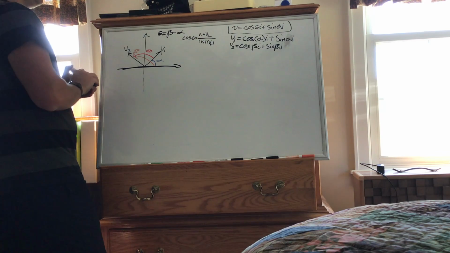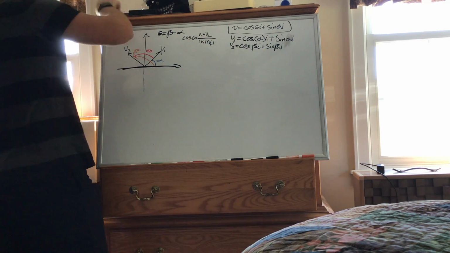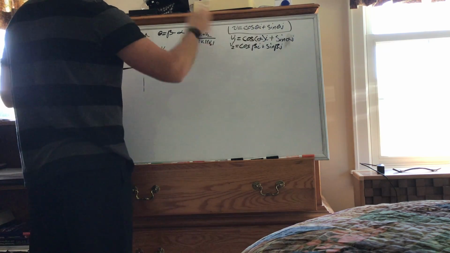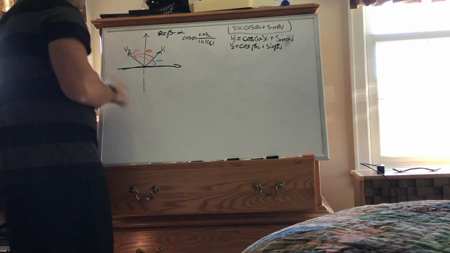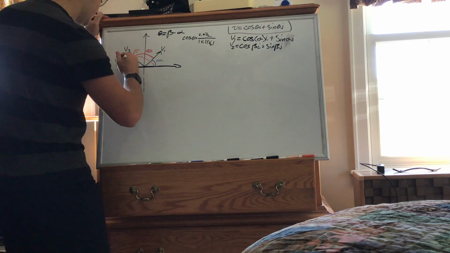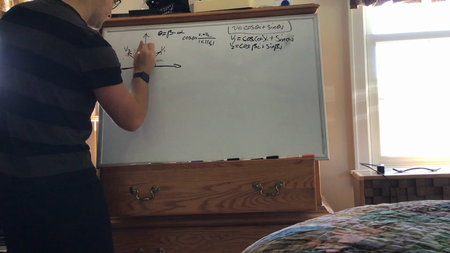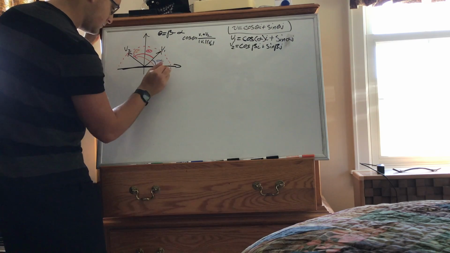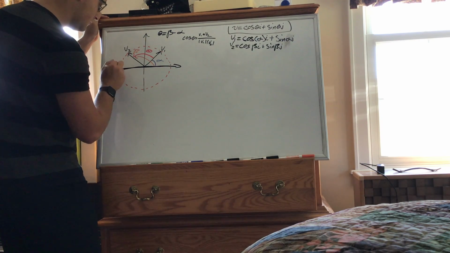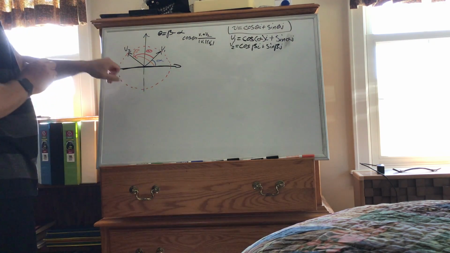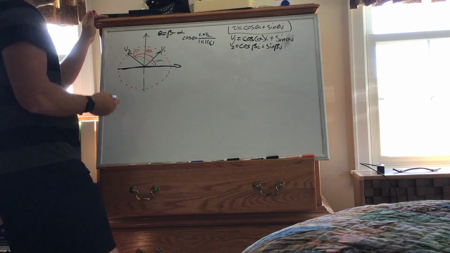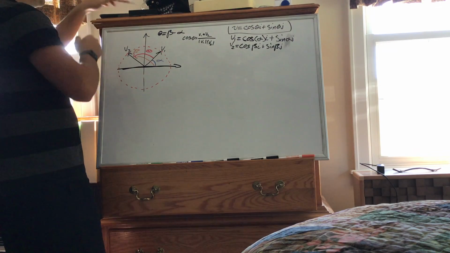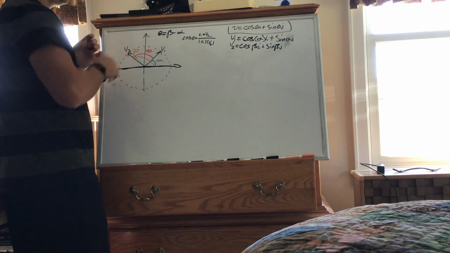What we see is that on the unit circle, a vector will only go out to a magnitude of 1. If you draw a unit circle, kind of an ellipse, our vectors will only go out to a magnitude of 1. So that means the magnitudes of vector 1 and vector 2 both equal 1.